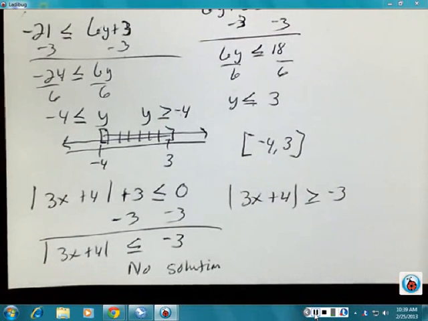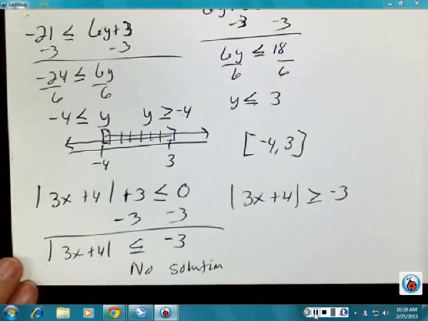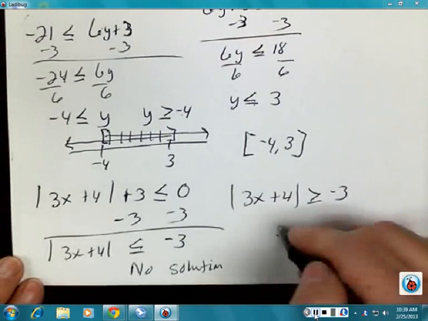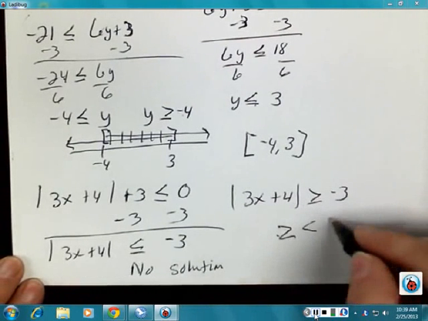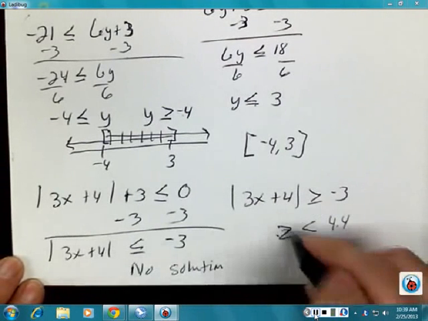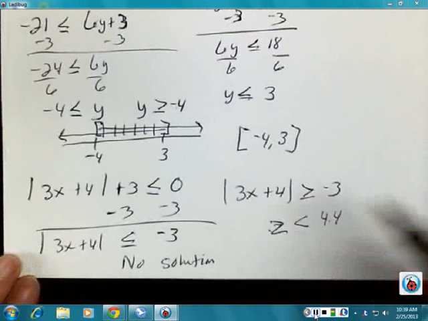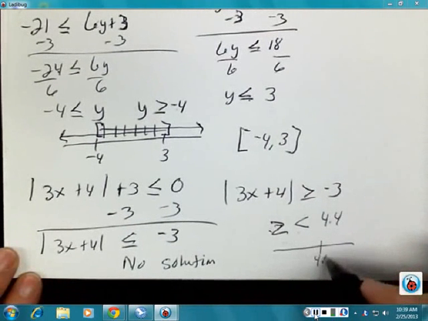I got a question. I always get confused when I'm trying to write my interval notation on what you're supposed to put first. For instance, z is less than 4.4. If this is all you have, then on your number line you have 4.4.